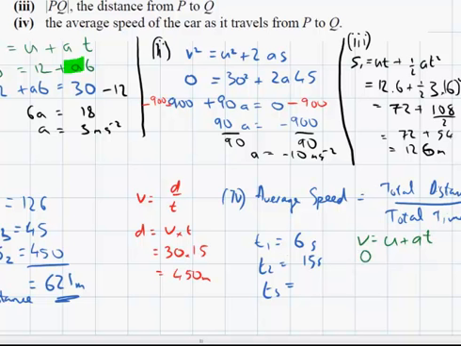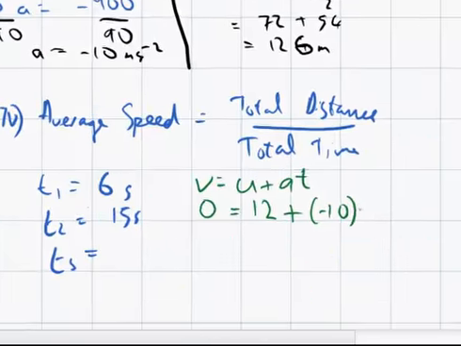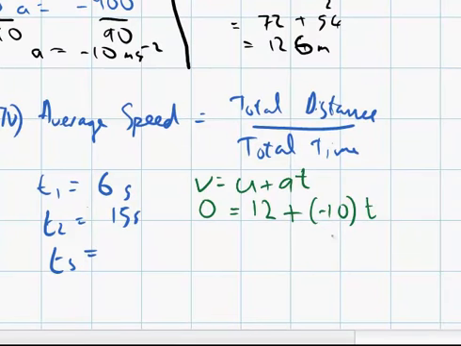V is 0. U is the initial velocity for the final section is 12, I believe, yeah, that's right. We know the deceleration is minus 10. Now you have to include that sign there, it's very important. And we're looking for the time.